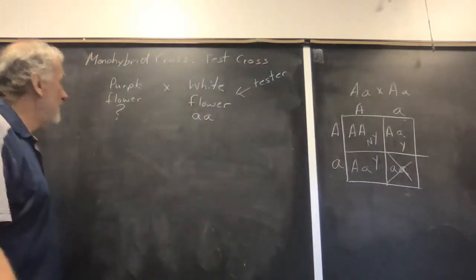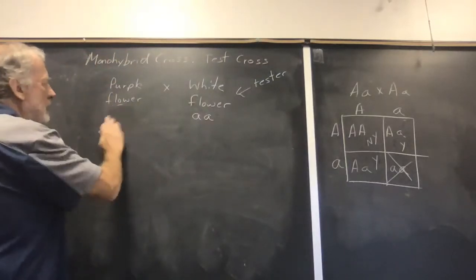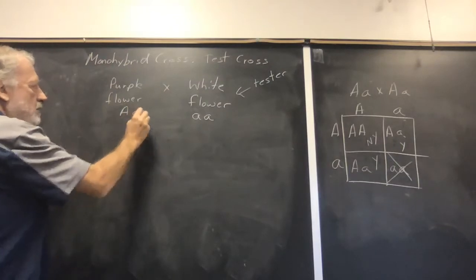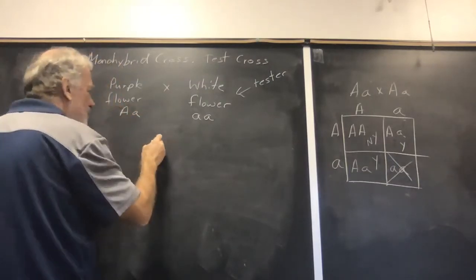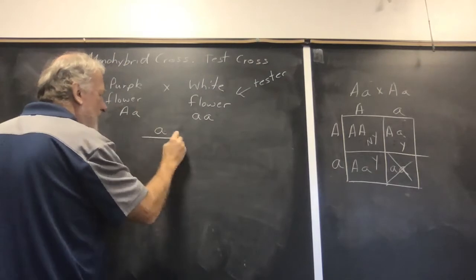Okay, so assuming this thing is a heterozygote, we have that genotype, and we could do kind of a Punnett column, if you will.